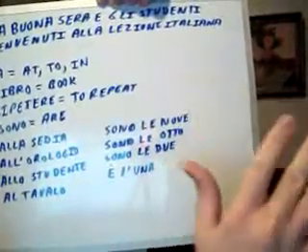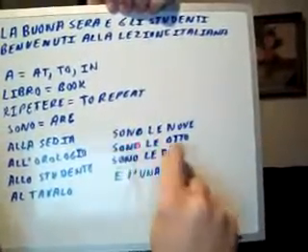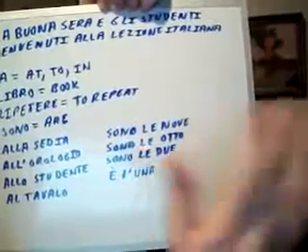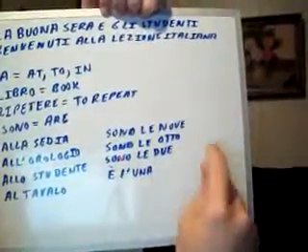Sono le nove means it is now 9 o'clock. Sono le otto, it is 8 o'clock. Sono le due means it's 2 o'clock. And you can even go up to sono le dodici, which means it's 12 o'clock. Okay? But you use the sono to represent are because you have more than one number in the clock.